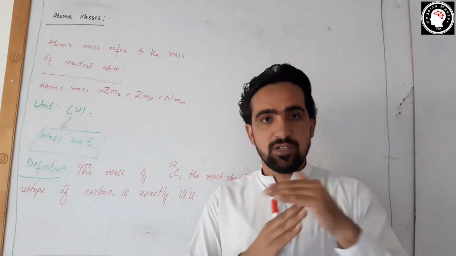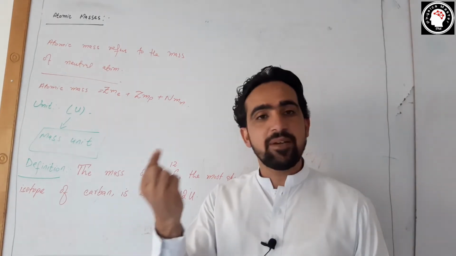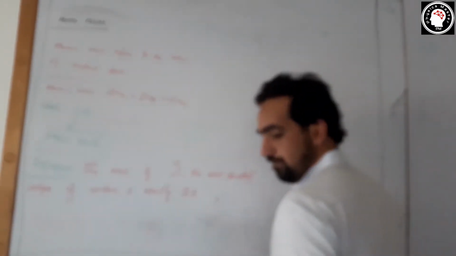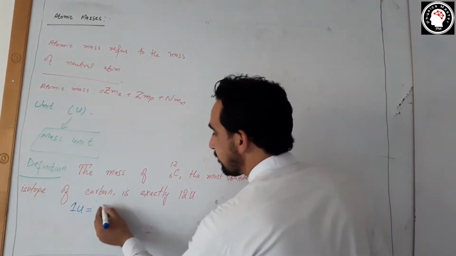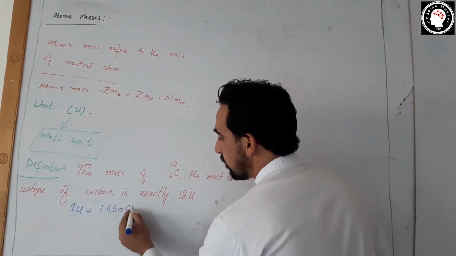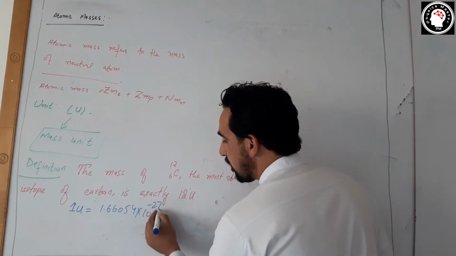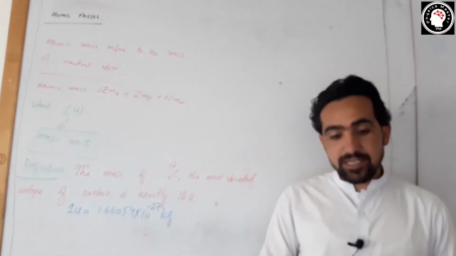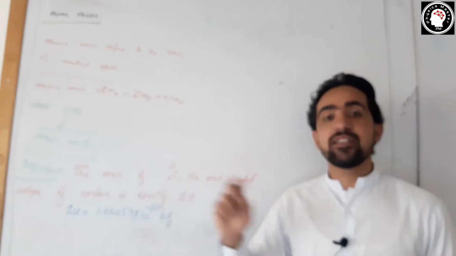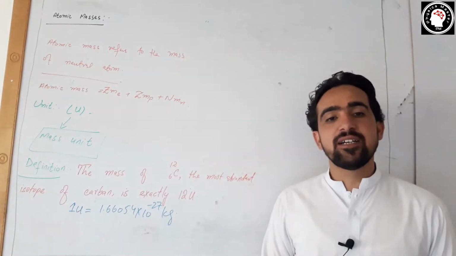From here we can calculate the one atomic mass unit. So we can convert 1 u into kilogram, and it will give us 1.66054 times 10 raised to power minus 27 kilogram. In nuclear physics, we write masses in the unit of energy, that is in mega electron volt per c square.